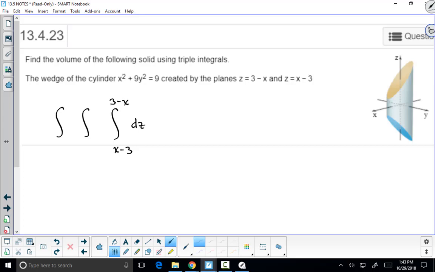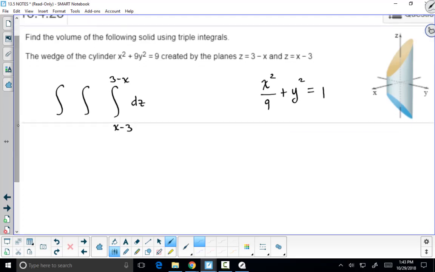We don't have to set these surfaces equal to anything because we've already been told that the cylinder is the lateral bound. So we're going to go down into the xy plane, and it's not a circle, it's an ellipse. So that's down in the xy plane, and that's going to define the lateral bounds for this object.